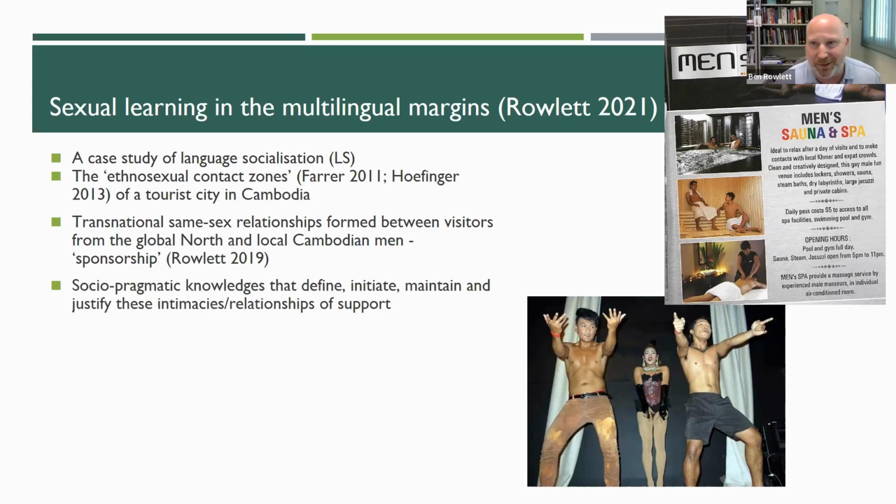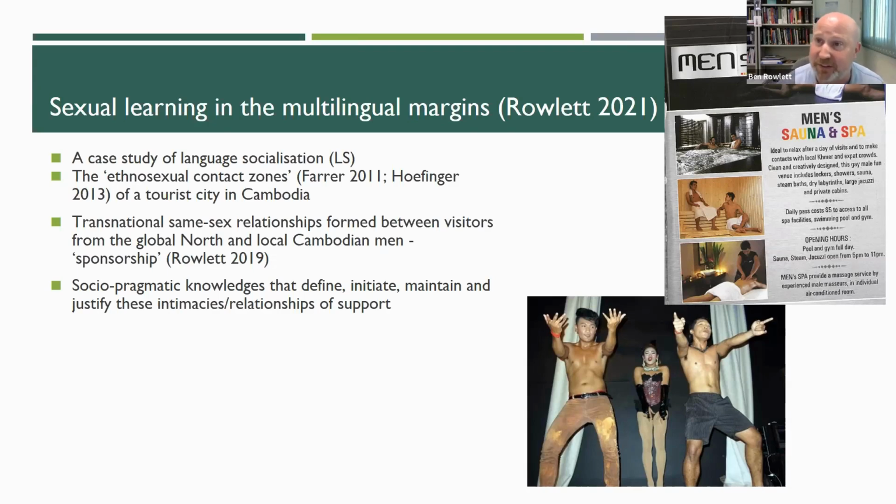Now, getting back to the applied linguistic approach, for this case study I want to discuss the knowledges surrounding and informing these relationships in terms of learning. This is by applying queer perspectives to processes of language socialization that were made relevant in the data.